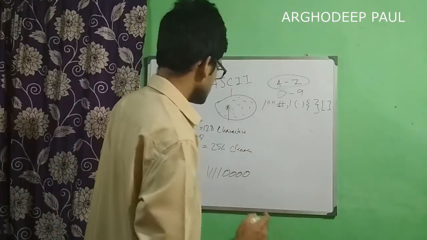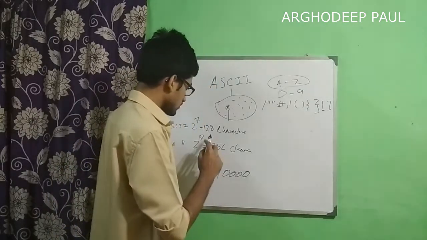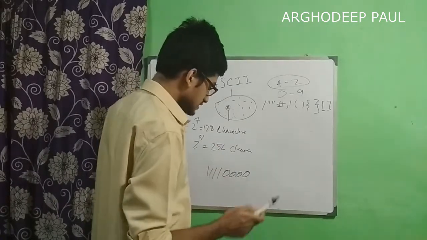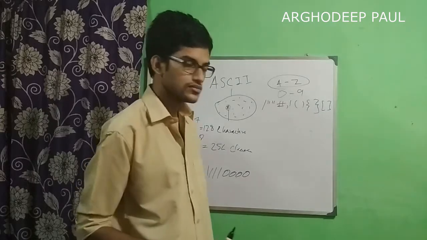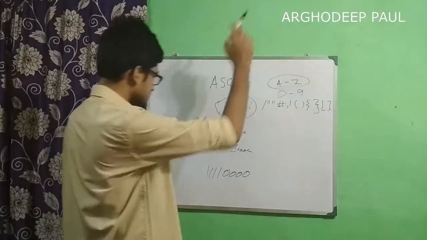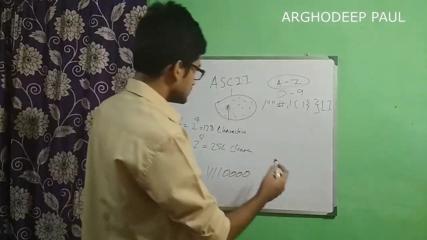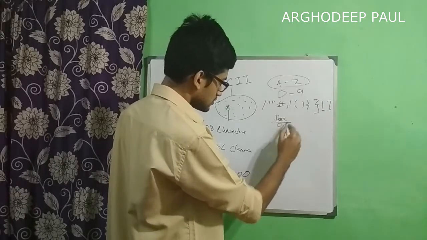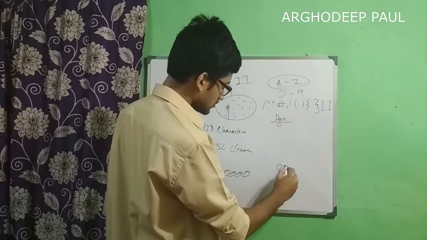Now there is a twist, that is the decimal values. It starts from 0. So when we are talking about 128 characters, meaning the basic standard ASCII table, it will start at decimal value 0 and end at 127.